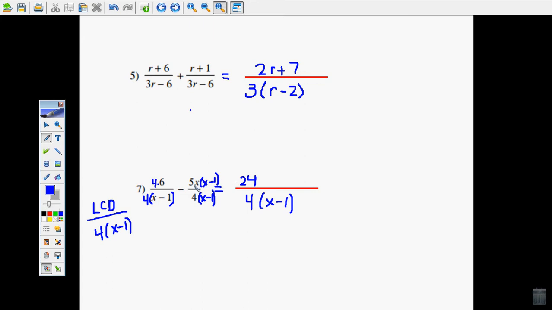Okay, when we do that, you've got a negative 5x here. Your term is negative 5x, and we're going to distribute the negative 5x to x. So that'll be minus 5x squared. And then my negative 5x times negative 1 will make it a positive 5x.